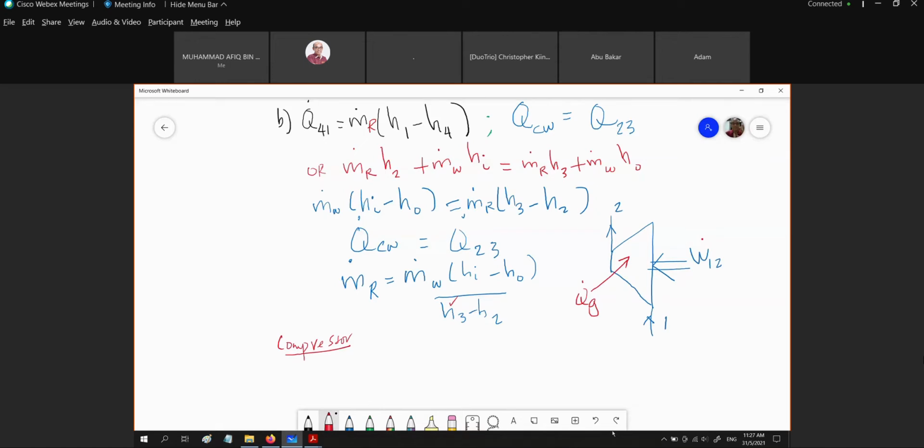This is M dot R H1 plus W dot 12 plus Q dot G equal to M dot R H2.